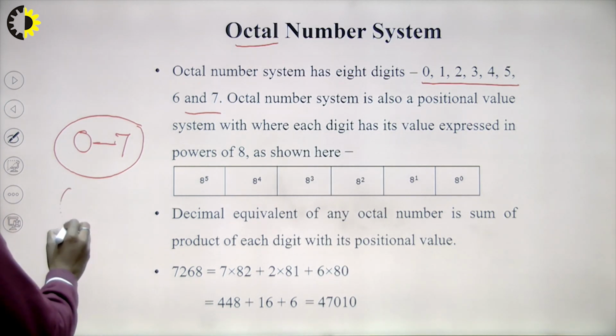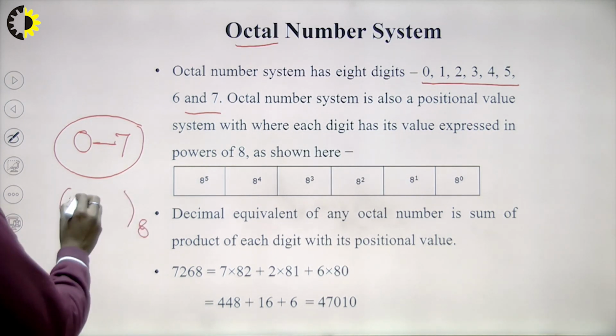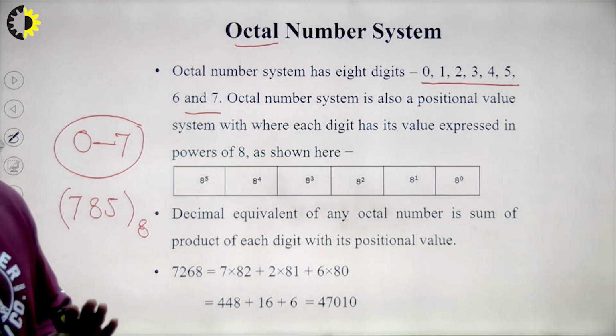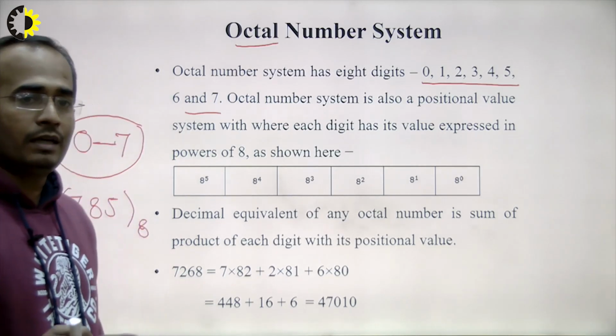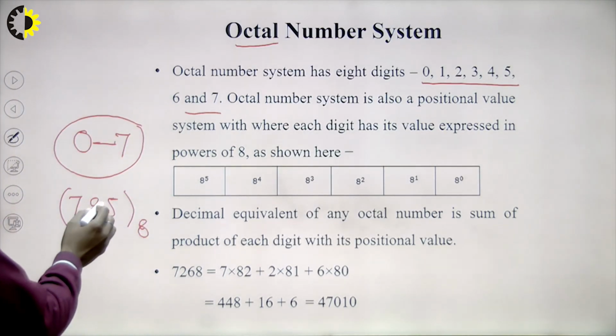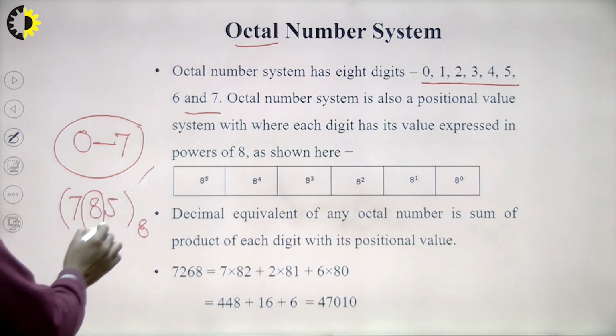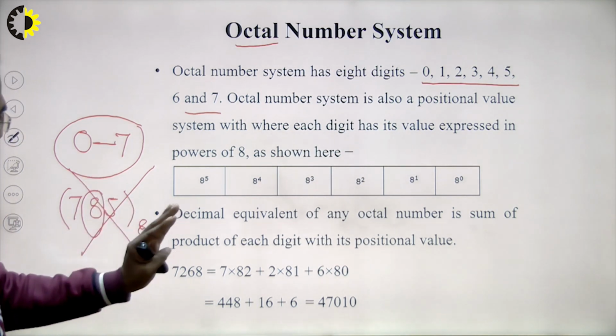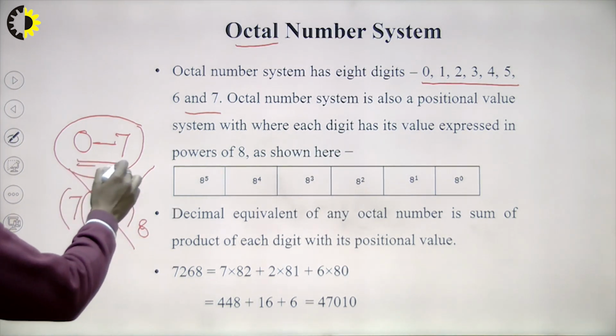Suppose a number given to you is 785. Then you have to check whether it is octal. In this number the digit 8 has been used, so this can never be an octal number. For being an octal number, the digits should vary from 0 to 7.